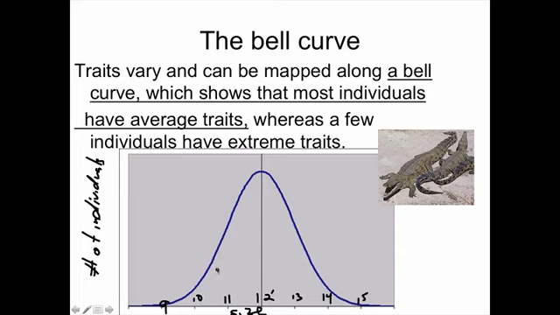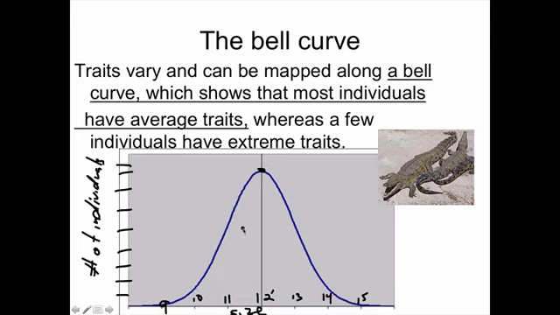Again, this isn't scientifically accurate, I'm just giving an example. Let's say most crocodiles fall into the 12-foot range. So if this is the number of crocodiles, there's more crocodiles that are 12 feet than anything else. As you go away from 12 feet to the left, as you get smaller and smaller, you find less and less crocodiles that are that size. As you go to the right, you find less and less crocodiles that are this size.